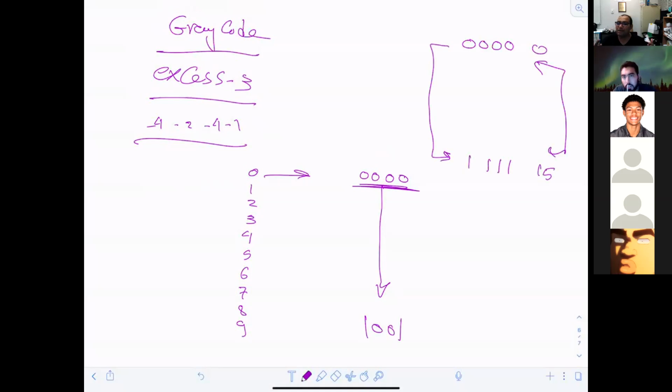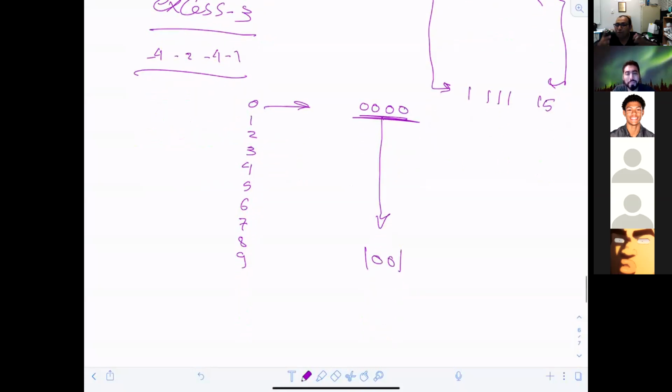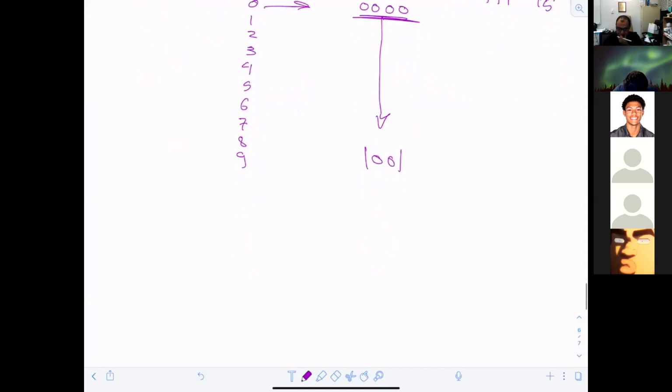BCD people came and said, we don't need 10, 11, 12, 13, 14 and 15. Why? Because your decimal digit is 0 to 9. Why would I care about 10? Have you ever seen a digit in decimal equal to 10? Have you ever seen a decimal digit equal to 12? It's impossible, right? So if you would like to convert decimal to BCD, you can do it like this. An example.